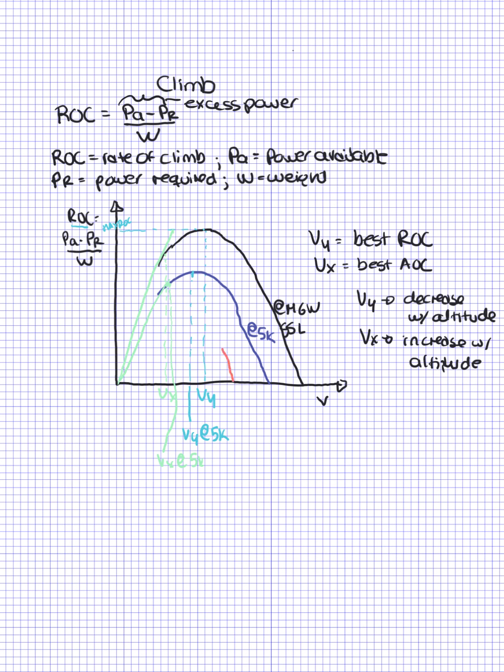Right here, my excess power is going to be even less. So let's say at 10,000 feet, Vy right here is going to keep decreasing. So this is going to be Vy at 10K, and Vx is going to be a bit higher. So this is going to be Vx at 10K.